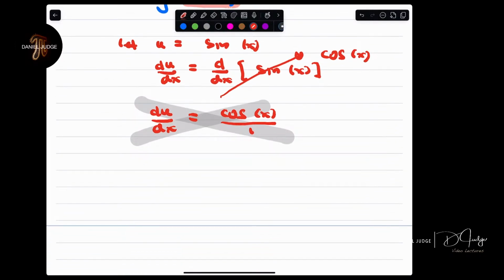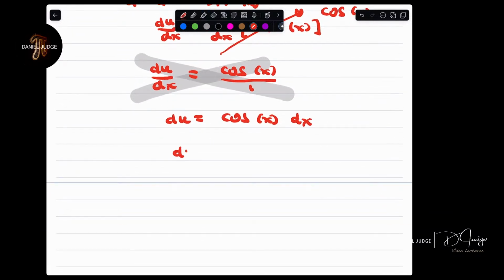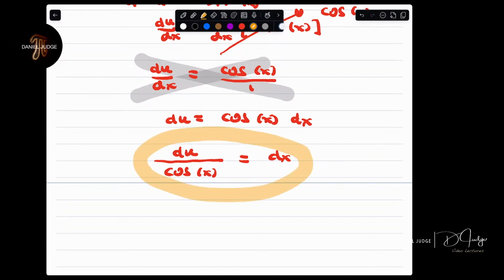So using cross multiplication, we get du is cosine x dx. And then dividing both sides by cosine, we're going to get our du over cosine equals dx. So let's remember, this is what we're going to use, this dx here.